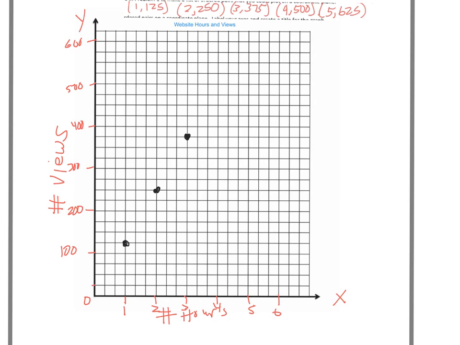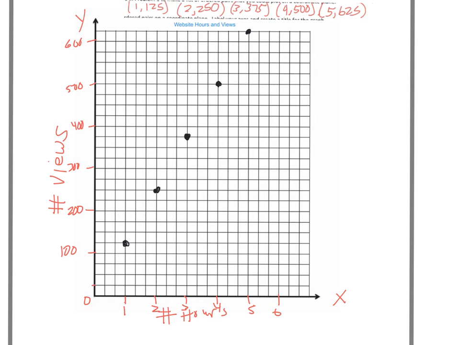So right about there. 4 goes up to 500. So right in there. And then 5 is 625, which is going to go all the way to the top. Right, 625. So right there, top of my graph. So there's my points that I put in there.